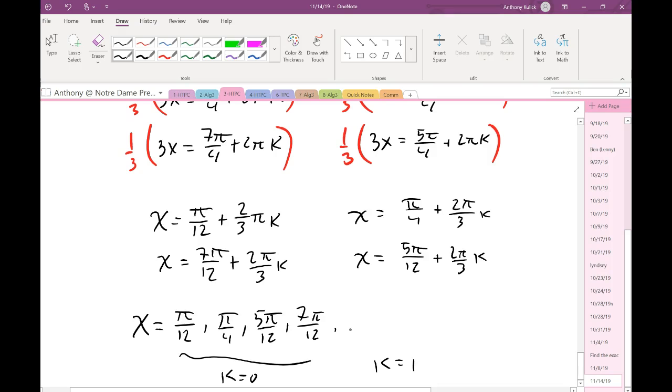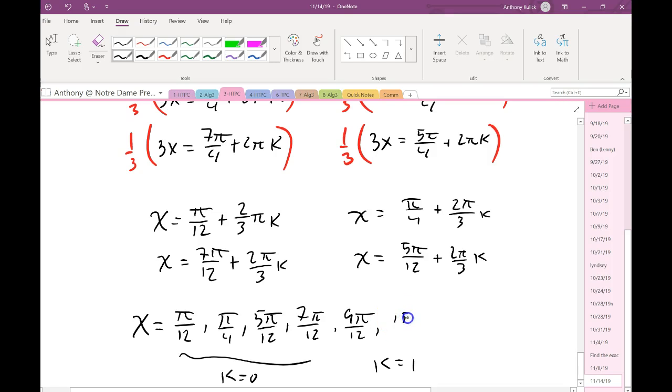Well, I would need to be adding 2/3 pi to each of these to make a common denominator there. 2/3 I would have to multiply to make it 8/12. Everybody agree with that? Okay. So I'd have 9 pi over 12. I could reduce that. I'm just going to leave it the way it is for right now.